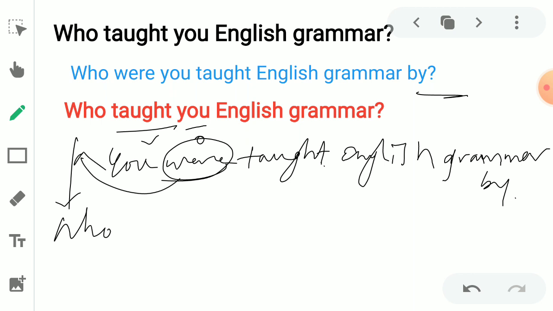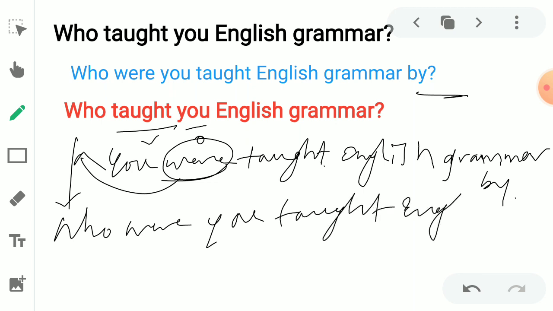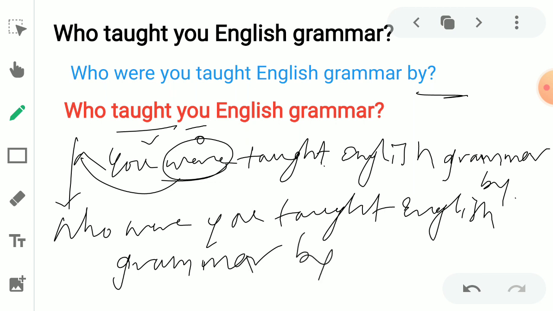You take it at the first. So when you take WH, after WH you take were, who were you taught English grammar by? Put a question mark at the end.